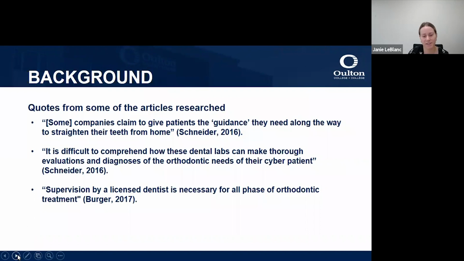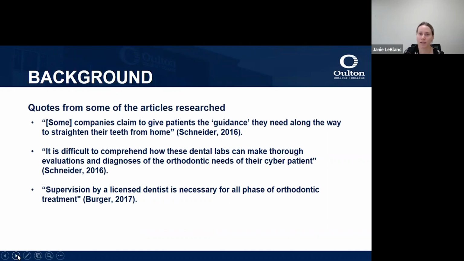So we found various articles about the topic. They mostly consisted of specialists talking about the concerns with DIY orthodontics, and here are some examples that we found in some of those articles. Some companies claim to give patients the guidance they need along the way to straighten their teeth from home.